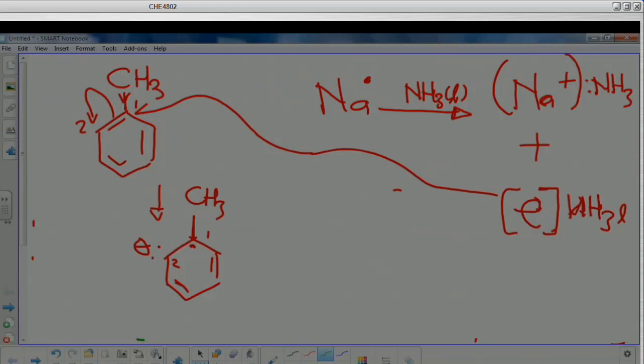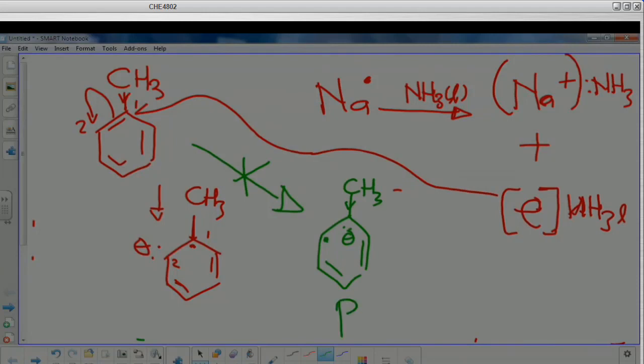Let's look at another scenario which is not going to happen, but I want to show you. The scenario is if we take the radical to 2 and the carbanion center to number 1, that will be this situation. So number B versus number A. In number A, the free radical is on the carbon adjacent to the electron donating group.